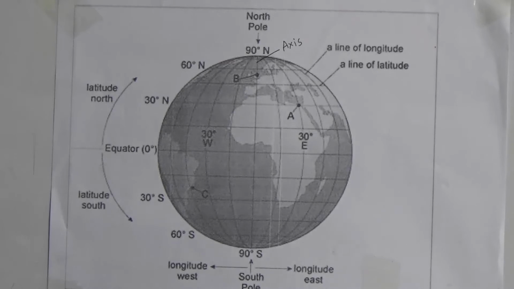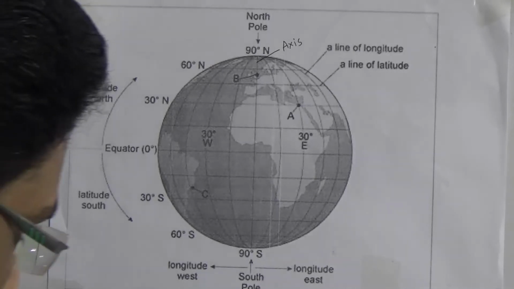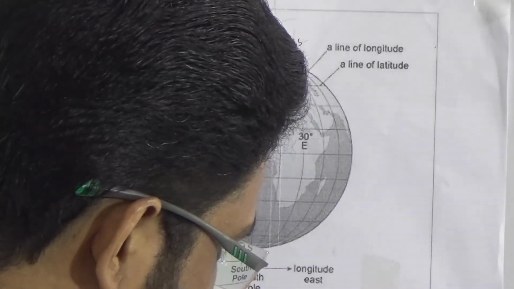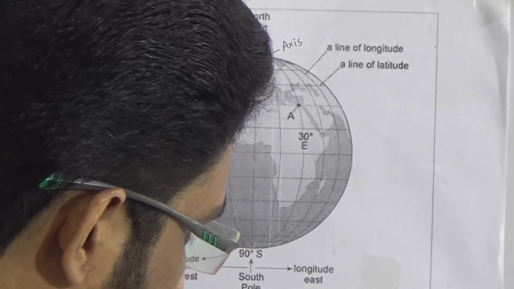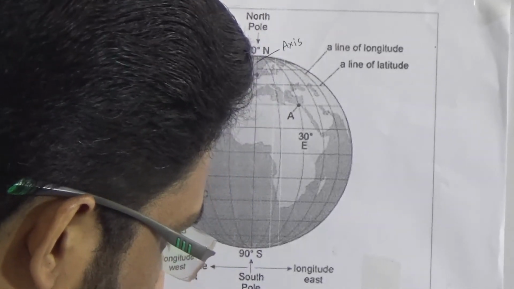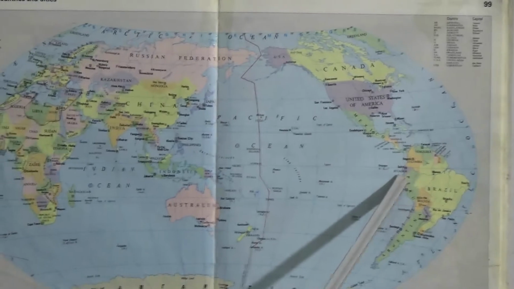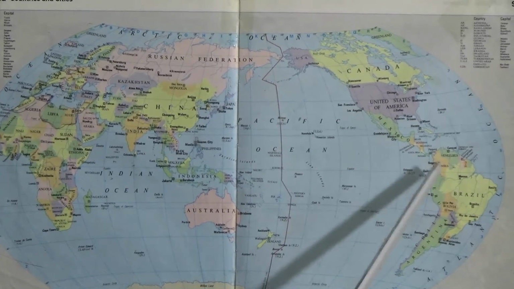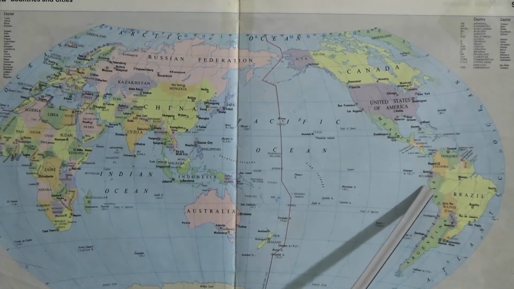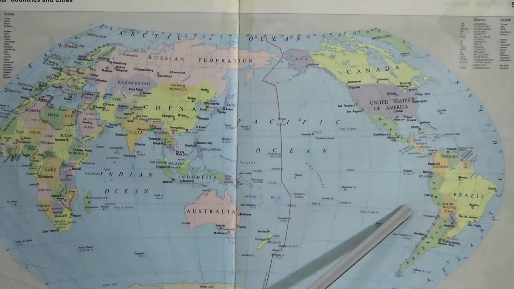This is the line of equator, which is 0 degree, and this line goes straight, and this line goes through the country Ecuador. Here is the country named Ecuador, which is situated in Latin America. As this line goes through the country Ecuador, the name of this line has been made equator.